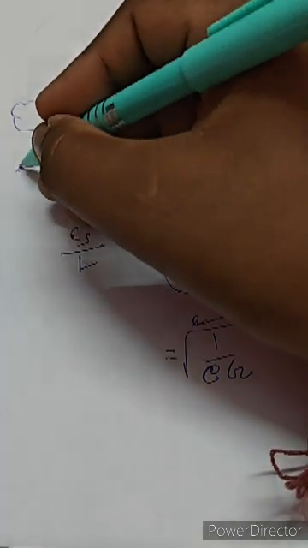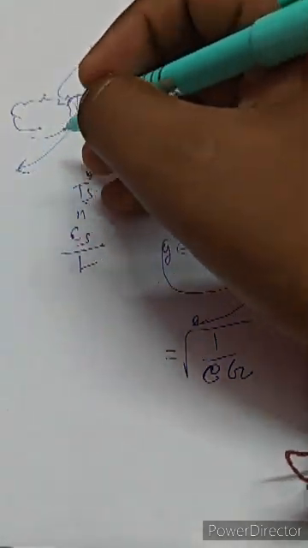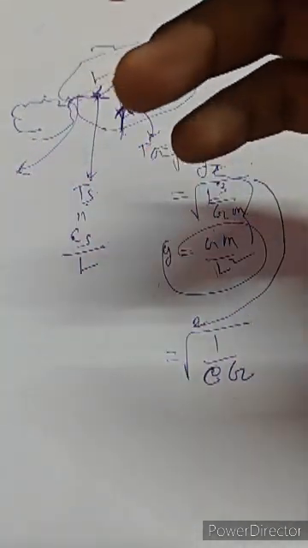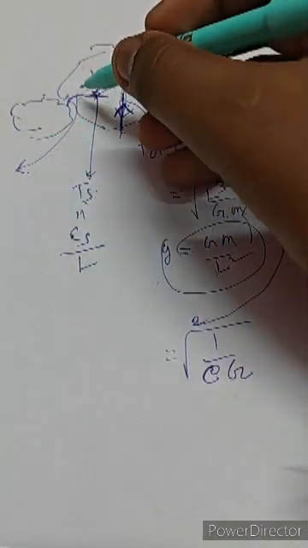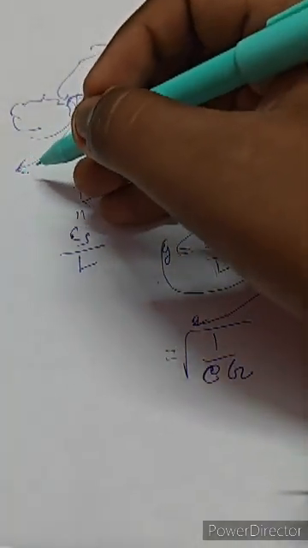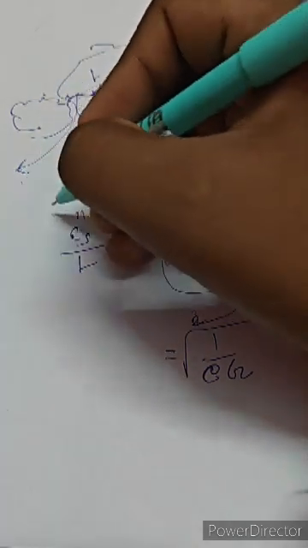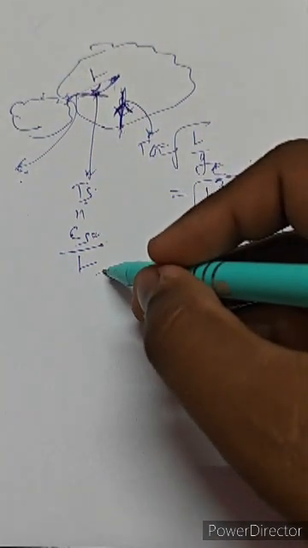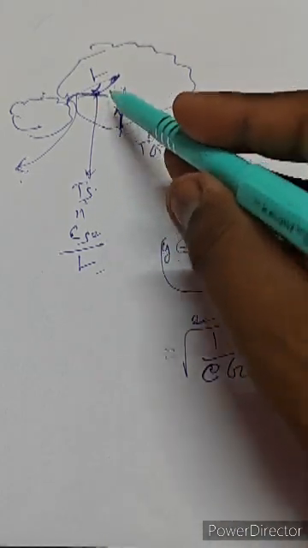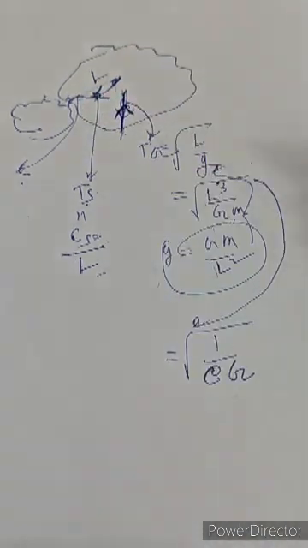Pressure waves move at sound speed. So c is the speed of sound and L is the distance that the pressure wave covers.